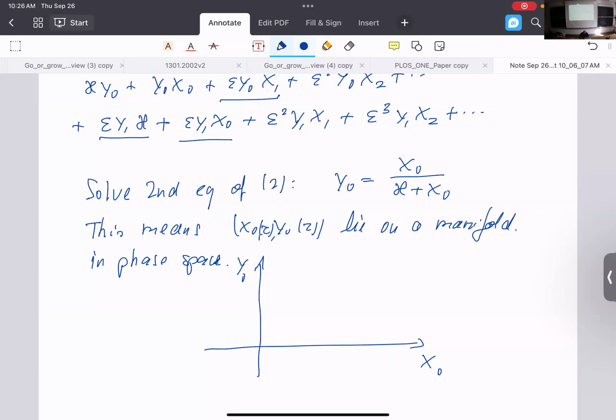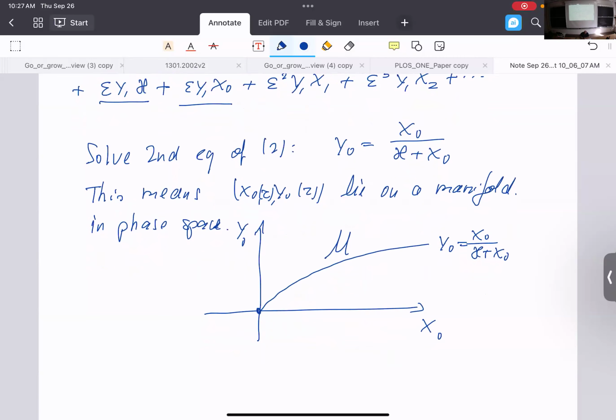So if x0 is 0, y0 is 0, right? And then it has an asymptote. If x0 goes to infinity, this goes to 1. So it looks like this. So here we have y0 equals x0 over kappa plus x0. And this is the manifold I call M.